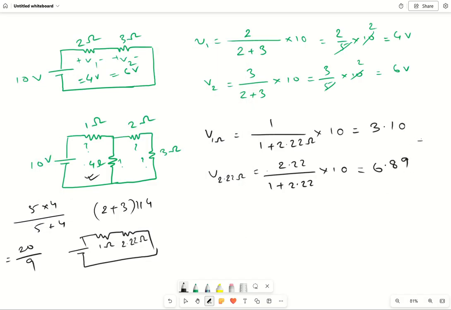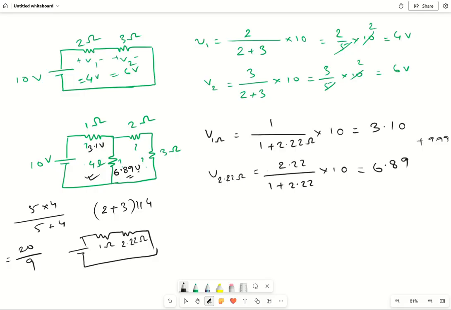If we add these two, we will get nearly 10 volts, right? So after adding, this becomes 9.99, which is nothing but 10 volts. Now this voltage 6.89 volt and this was 3.1 volt.